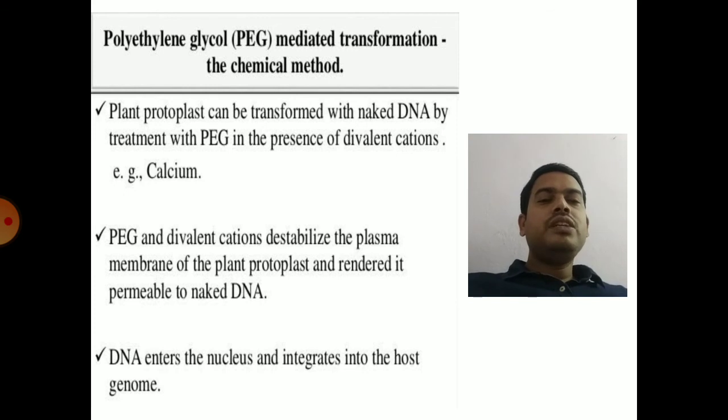This is especially used for protoplast fusion, for plant cells in suspension cultures, or plant cells lacking cell walls, which are called protoplasts. They are fused with the help of calcium and polyethylene glycol.